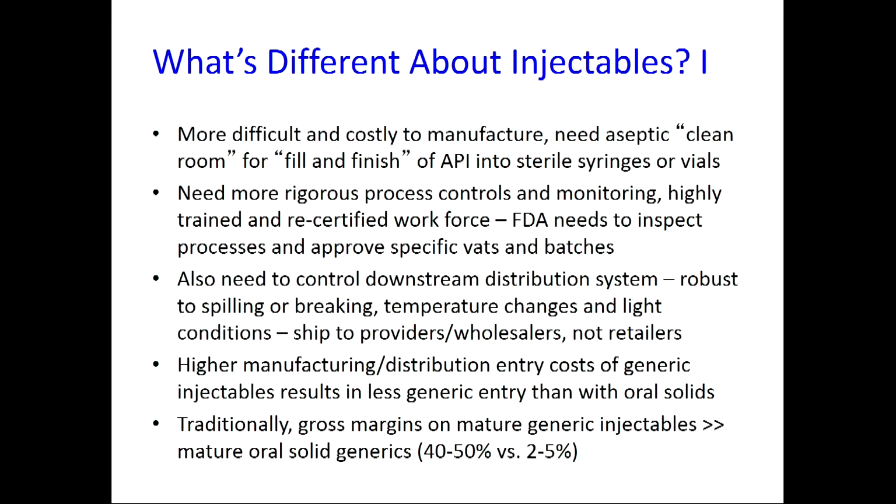You also need to control the downstream distribution system. These are products that have some sensitivity occasionally to light and certainly to temperature. So what that implies is you've got higher manufacturing and distribution costs. As a result, you have less generic entry for injectables that are off patent than you do for solid oral drugs.